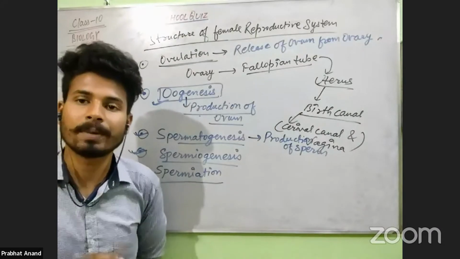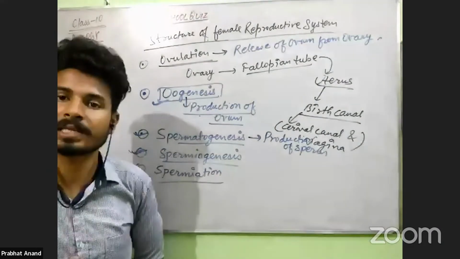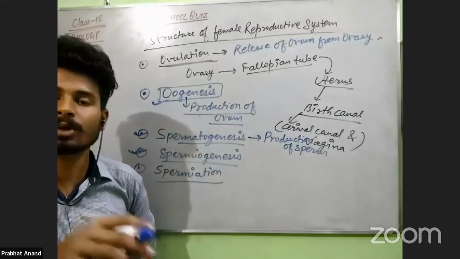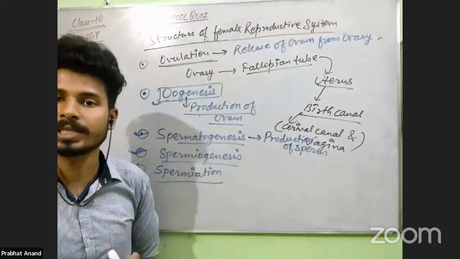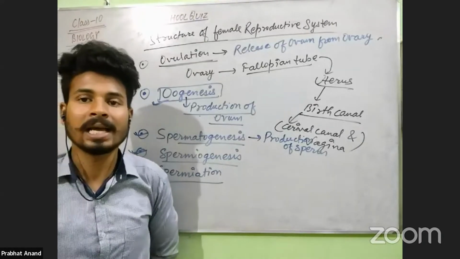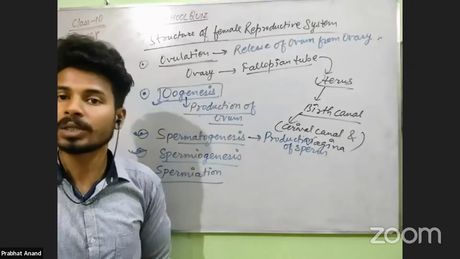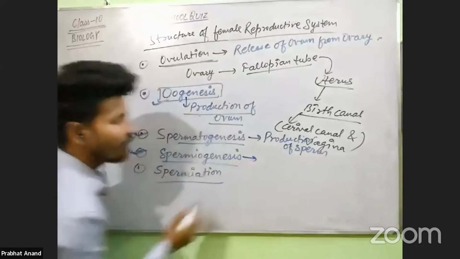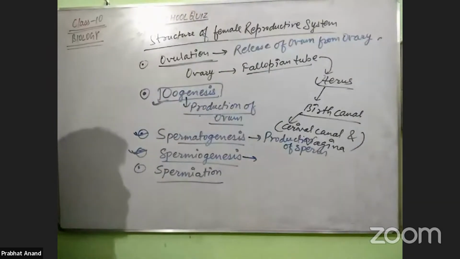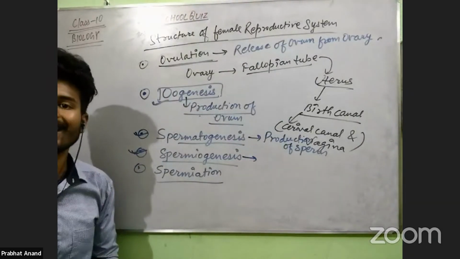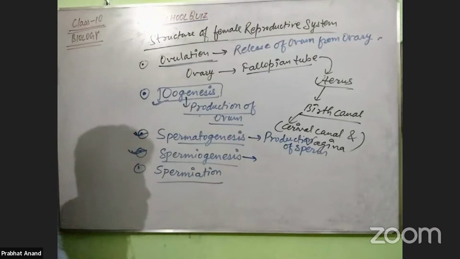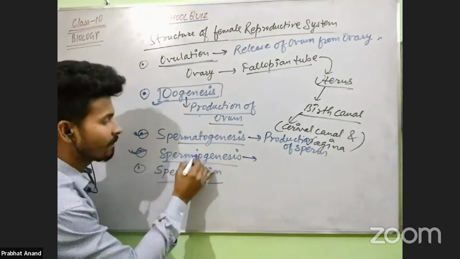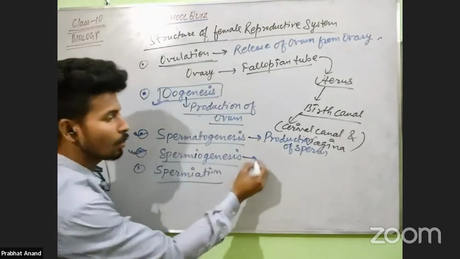We talked in the previous section that maturation takes place due to nutrition from the Sertoli cell. The Sertoli cell provides nutrition to the sperm in the testis. So after the sperm takes the nutrition, it matures in the testis.